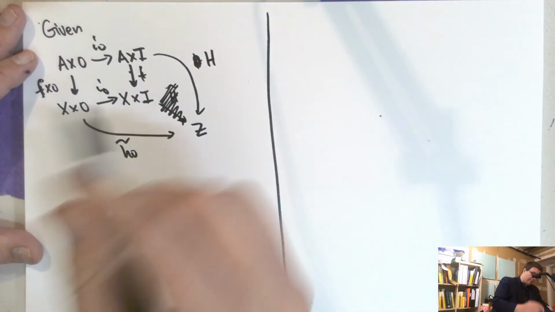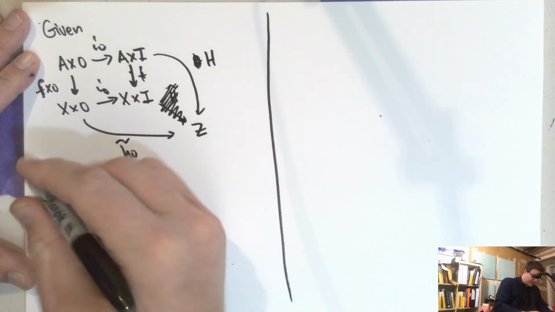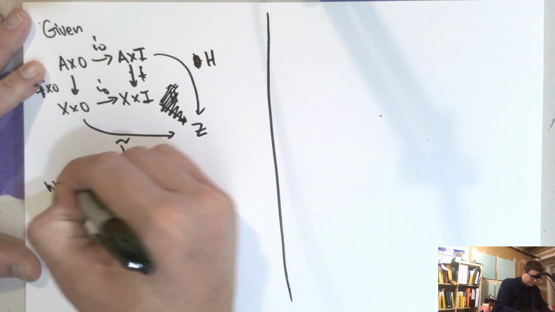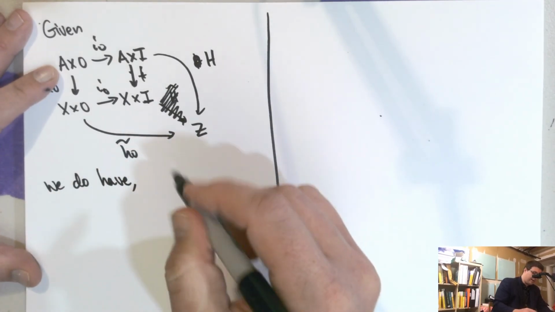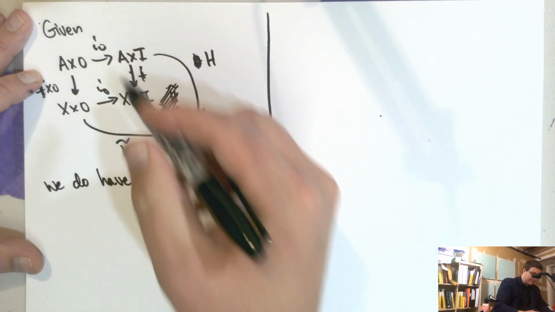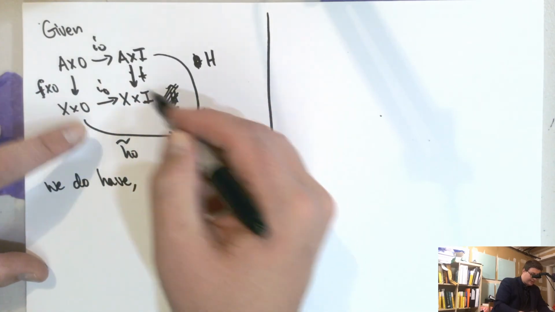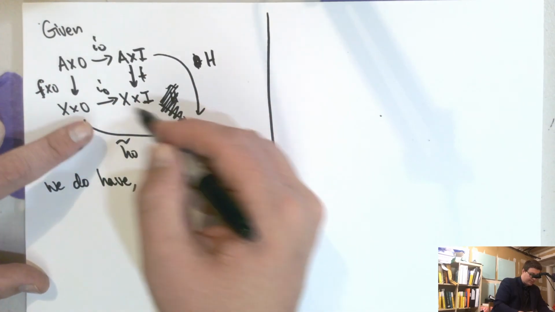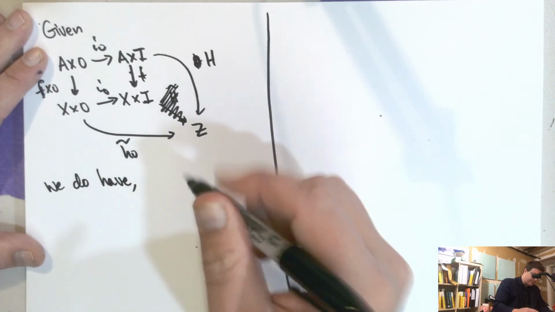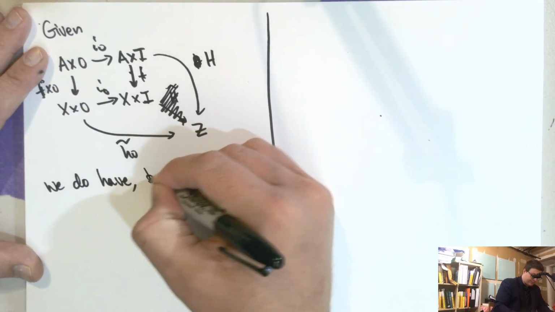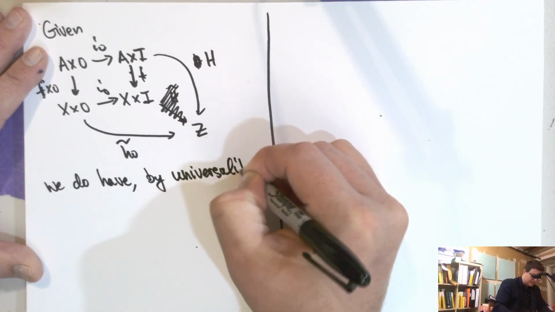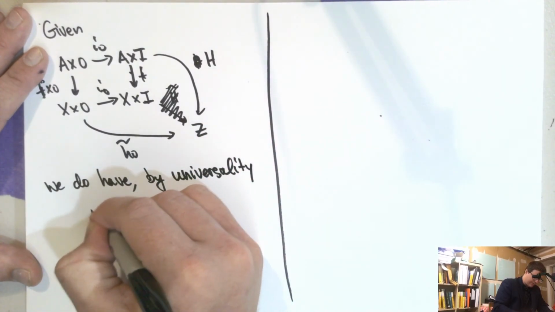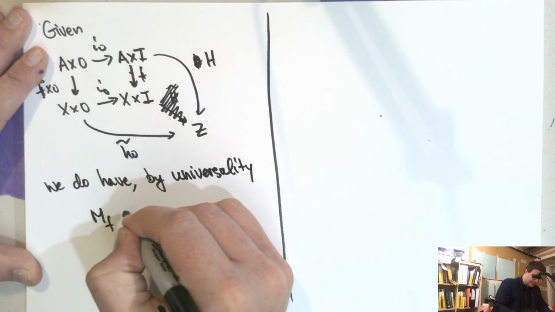But what we do have is, if you look at this push-out diagram, we do get a map to the mapping cylinder. So by universality, we get some map from the mapping cylinder to Z.